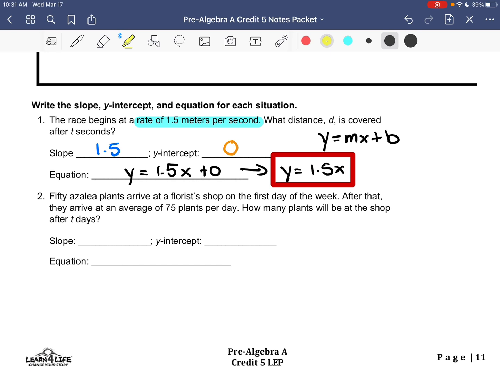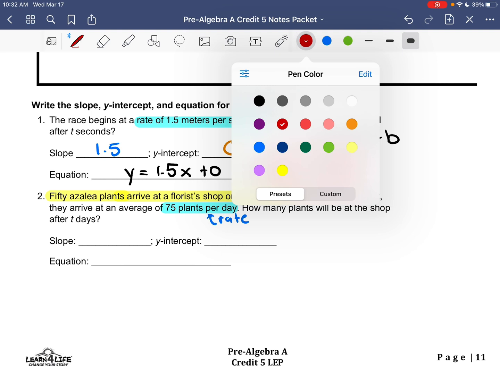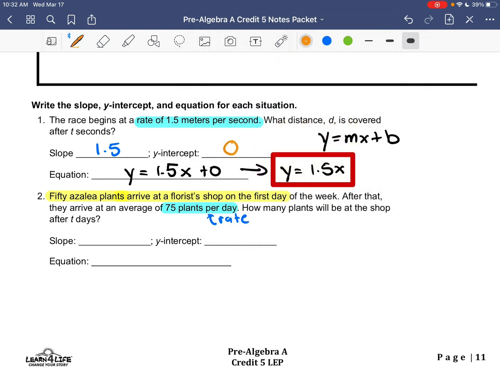Let me highlight that. 50 azalea plants on the first day. And each day we receive 75 plants per day. So what we see is the rate in blue, and then we see our y-intercept is the 50.